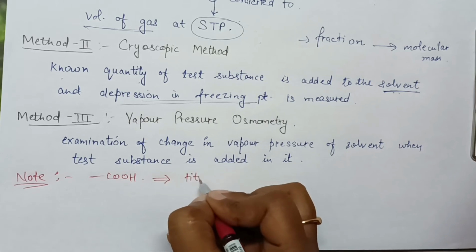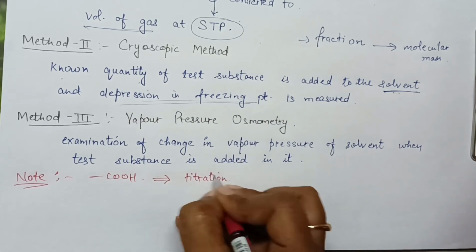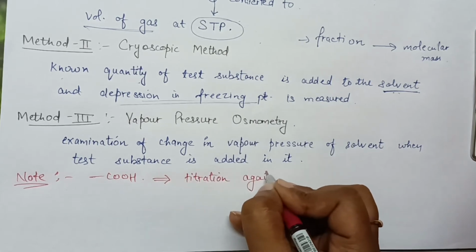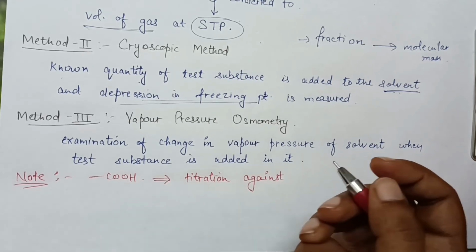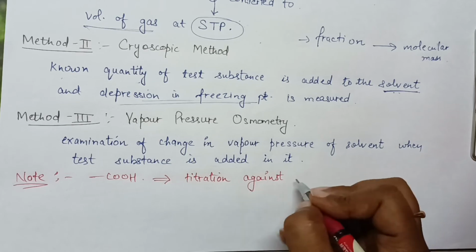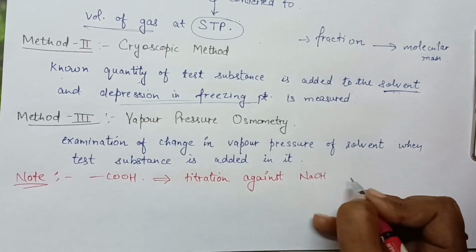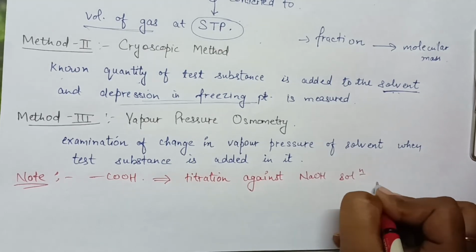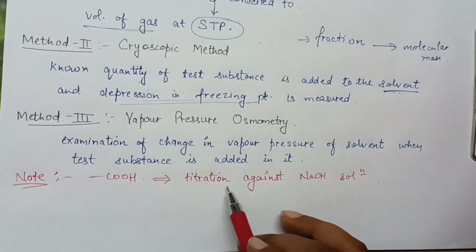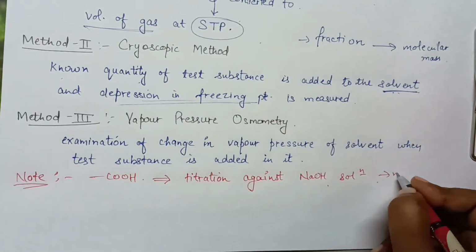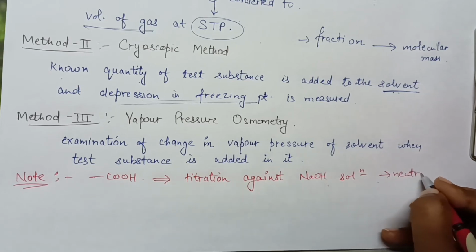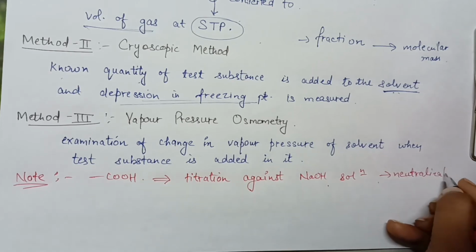If you think a carboxylic acid group may be present, titrate it against NaOH solution. From here we will get the neutralization equivalent, which is calculated after titration.